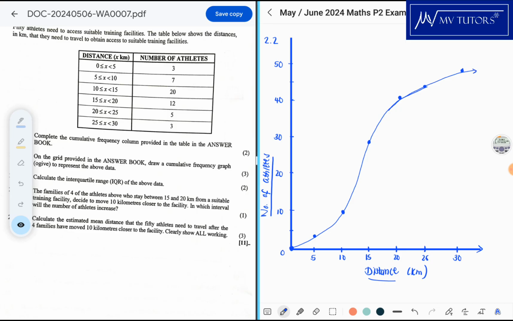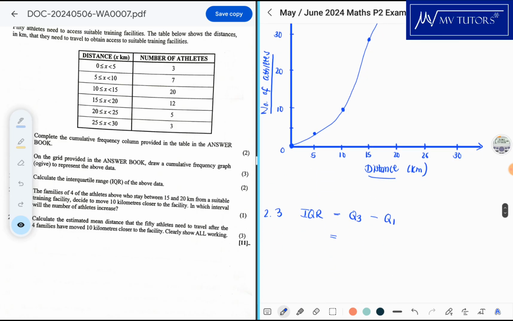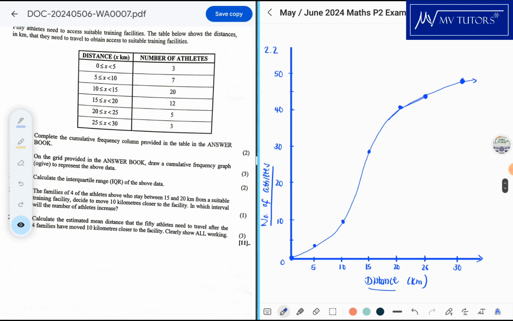Okay, so I'm going to get what the upper quartile is. Like I said, on the y-axis it'll be that 50 times 3/4, and the lower quartile will be just 1/4 times 50.